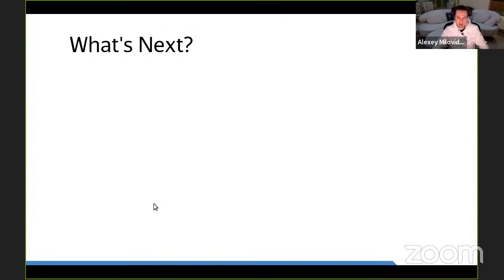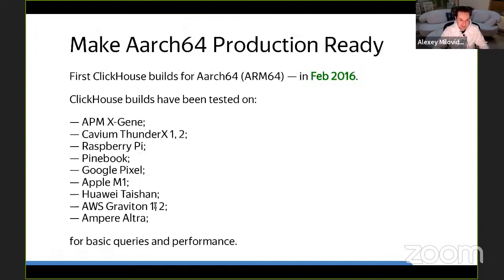Okay, enough for 22.1. What is next? What will be in the next release in February? First, about ClickHouse built for ARM, the ARM64 architecture, also named AArch64. By the way, ClickHouse has been built for ARM already more than 5 years ago, even before open source.